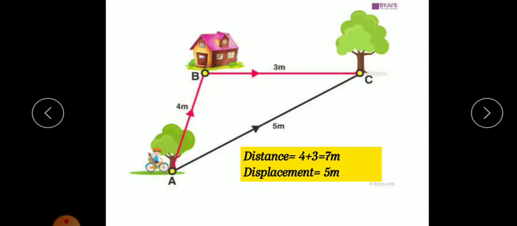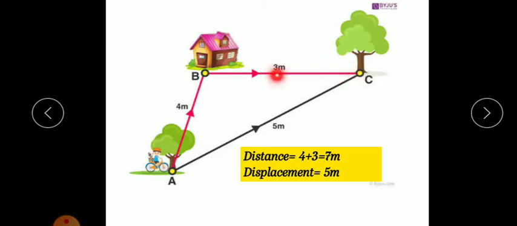What is the total path traveled by the child to reach point C? That is 4 plus 3, which is 7 meters. So the child traveled a path of 7 meters to reach point C.